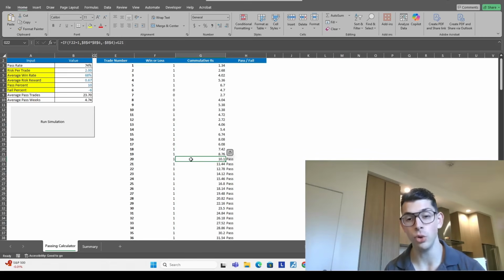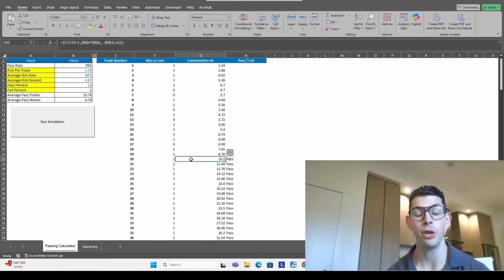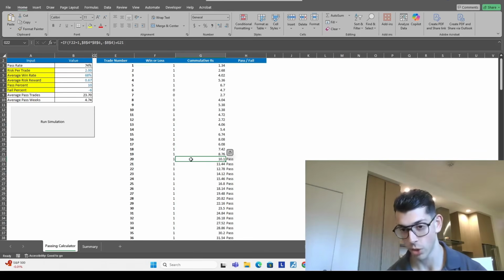However, if you want to be aggressive, you need to go with a lower win rate, high risk reward system, because just the rules of the prop firm limit you from being aggressive on a higher win rate, low risk reward system. So essentially, because we're leverage constrained and we often have max lot size limits, going with more of a scalping system, we're forced to be very conservative and therefore be quite slow.